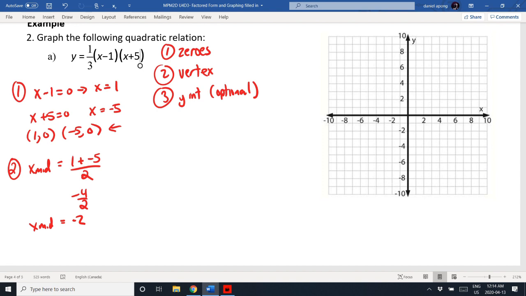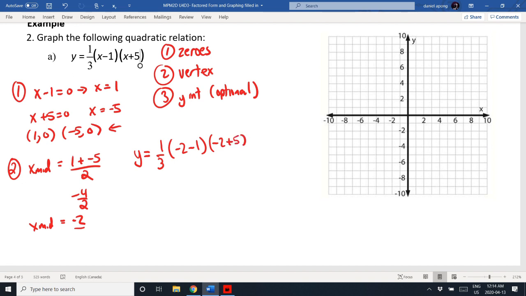To find the vertex, we're just going to plug that into our equation. I'm going to plug this value back into the original equation to get our y value. So y is equal to 1/3 times (-2 minus 1) times (-2 plus 5).